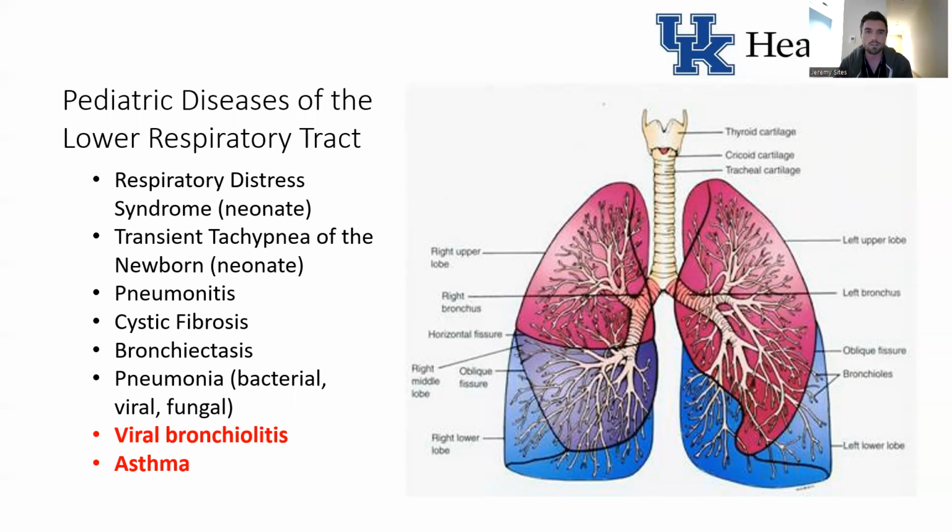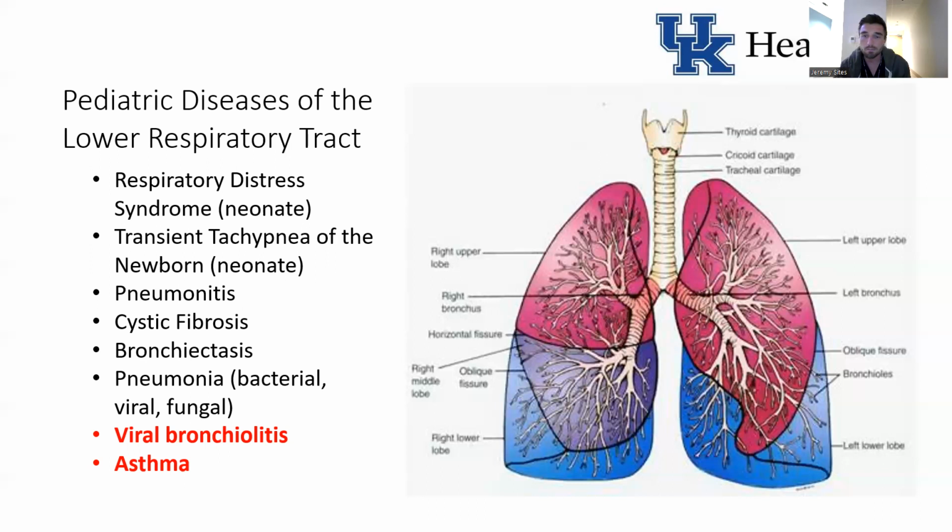Below the vocal cords, of course, you have the trachea and the tracheobronchial tree. The tracheobronchial tree will hit a fork in the road, a branching point at the level of the carina, at which time it branches into the right mainstem and left mainstem bronchi.